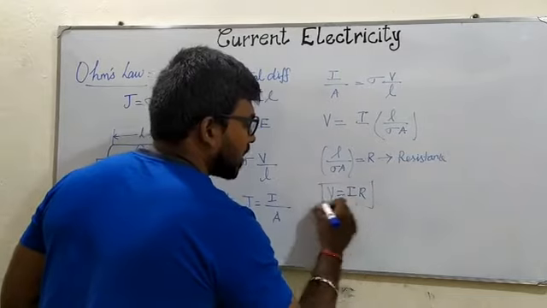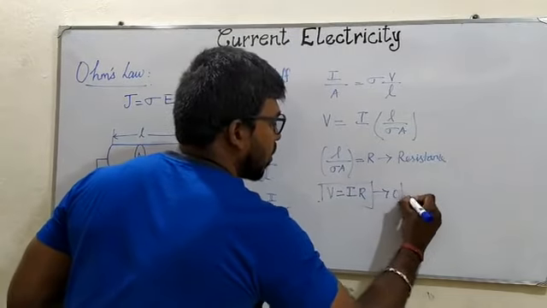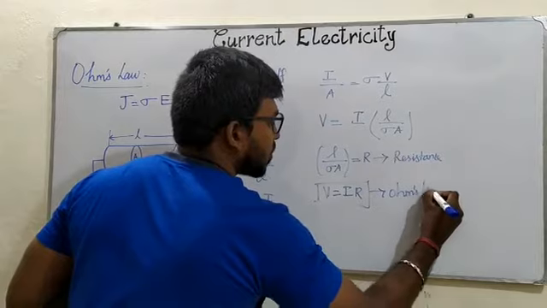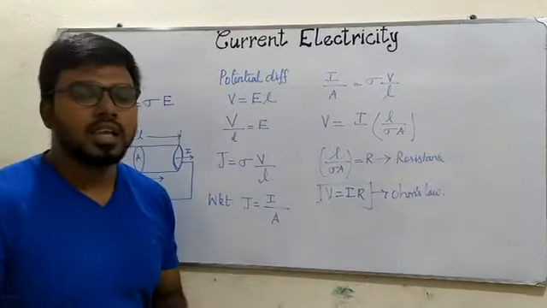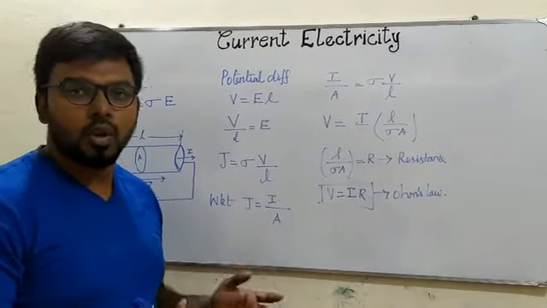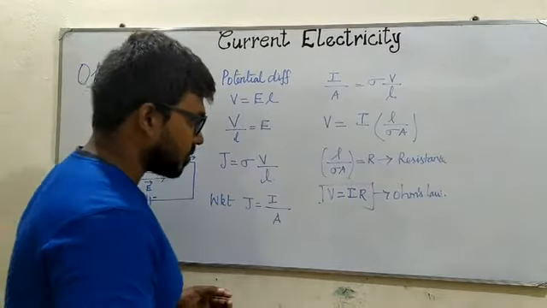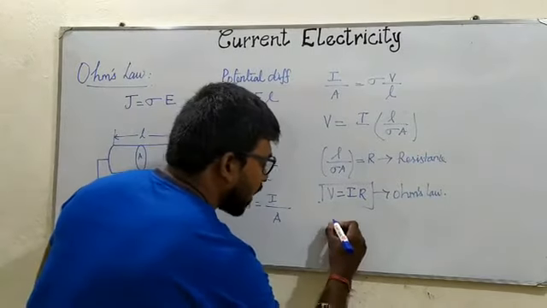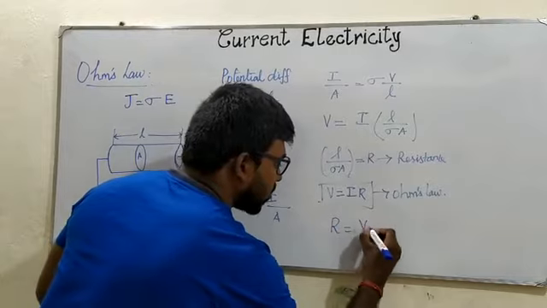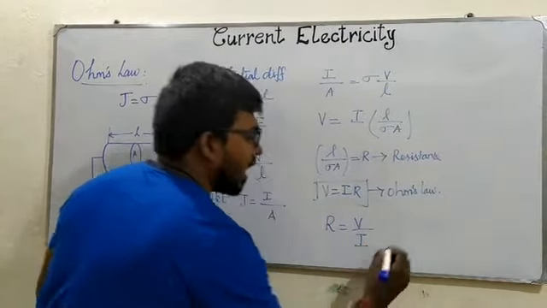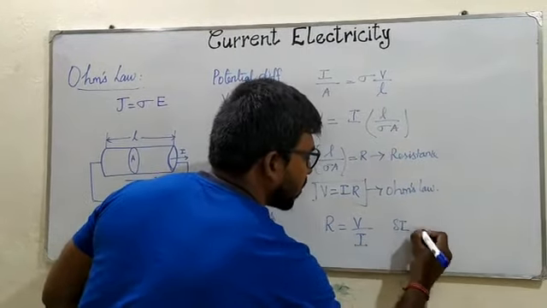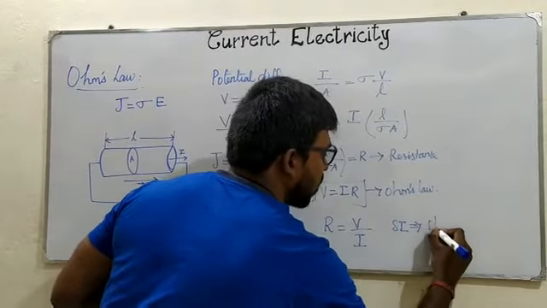This we call Ohm's law. This expression gives the macroscopic model of Ohm's law. And we can write resistance is equal to V by I, and the SI unit of resistance is Ohm.